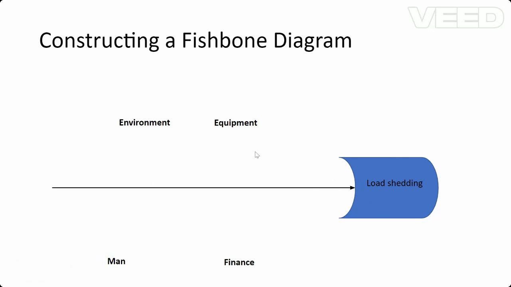Now we can analyze the factors that are likely to lead to the problem of load shedding, and these are the factors we have identified in the process. So we identified water, for which we use the term environment. We also identified equipment, man, and finance.